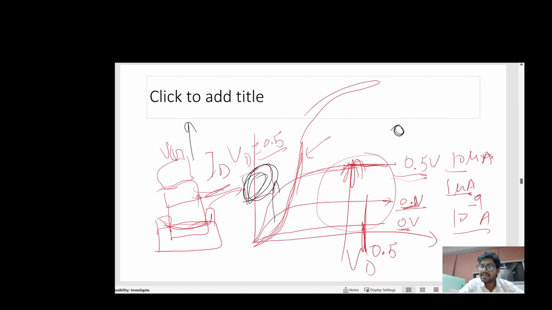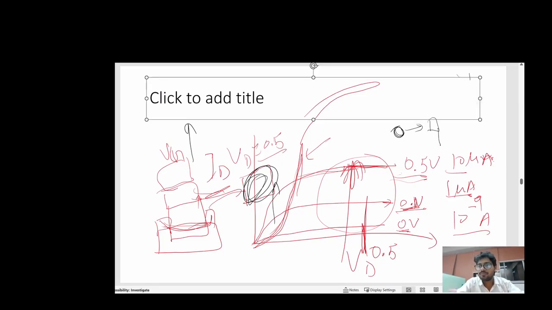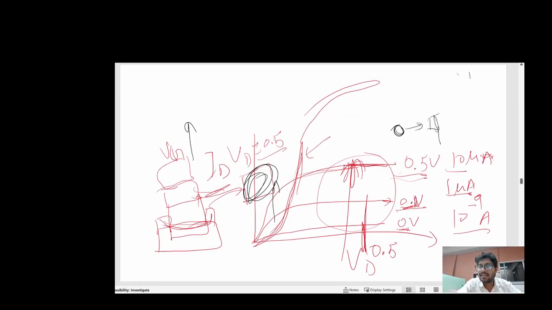Each pixel in any screen has three LEDs, which is RGB: red, green, and blue. Behind these there are three transistors.